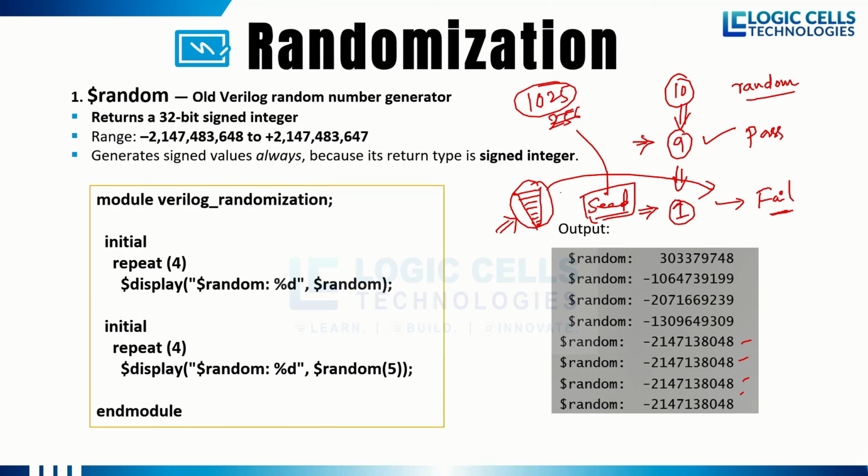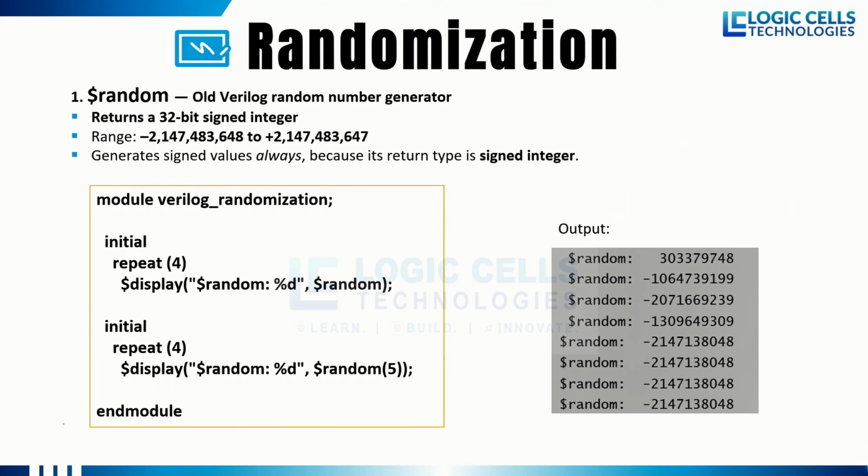Some value is there for some standard random values. So you can get the same values again while randomizing if you provide the same seed. That's it. Why we need seed, now I think you guys have understood. 90% of your design is working fine. It is failing only in one test case.